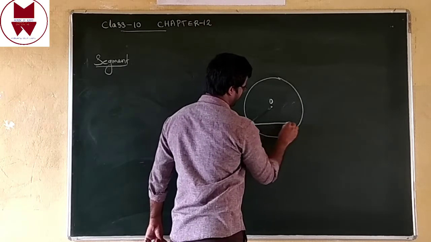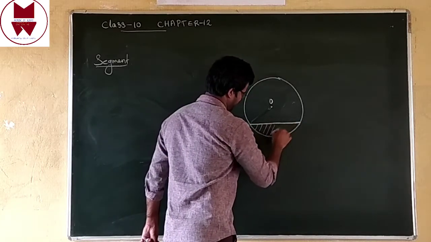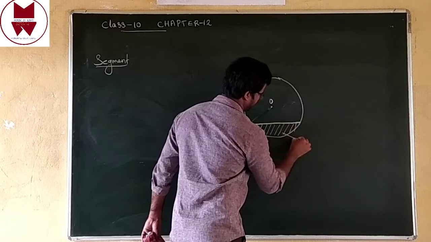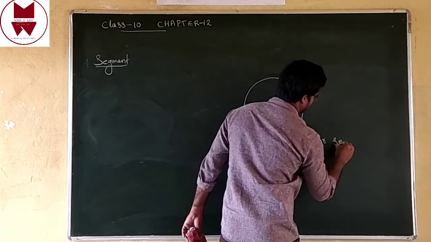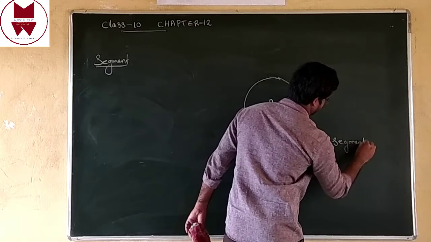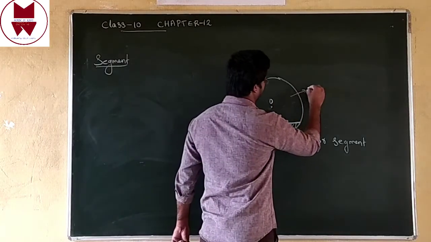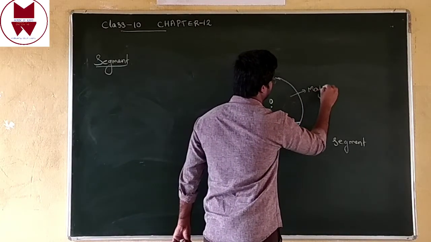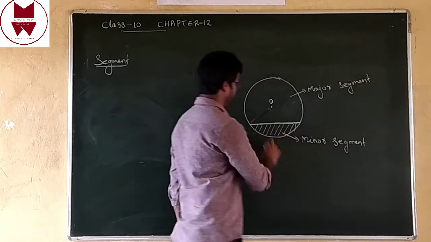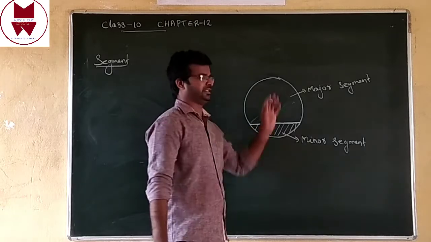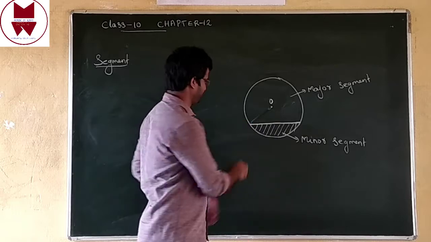If you draw one chord, one line, this downside region, the shaded region, we can say minor segment. The downside part is known as minor segment. Then the non-shaded region is known as major segment. Two segments are divided by one chord. Chord means one line.